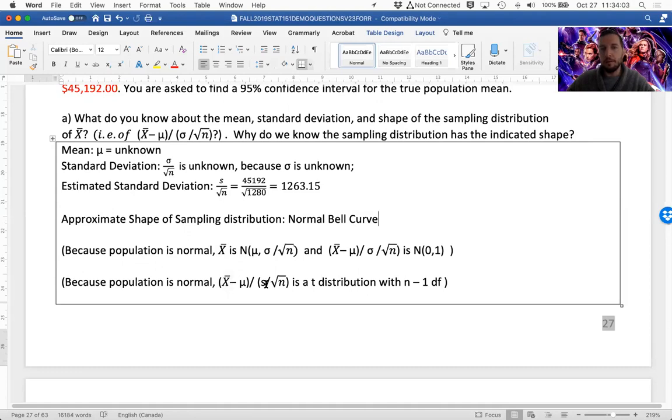And then because the population is normal, when we replace sigma with S, we have a t distribution. So these last two lines here are just a little bit of a theory recap from what was given to us in lecture.